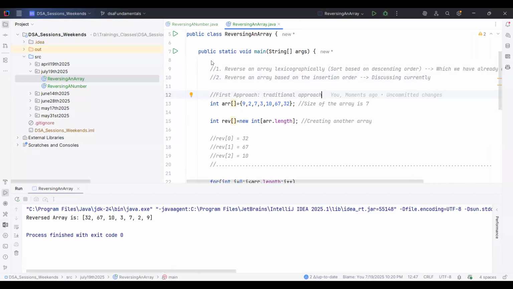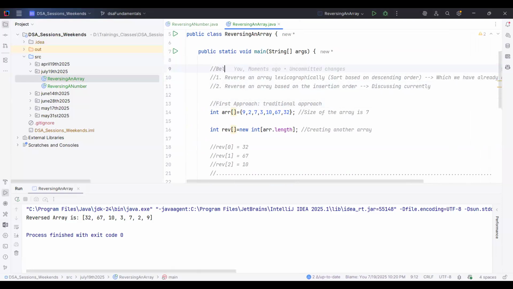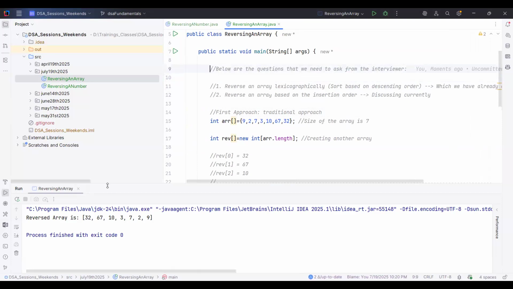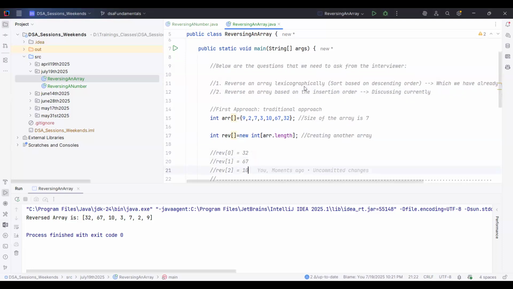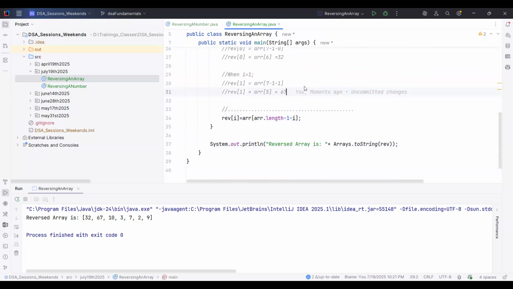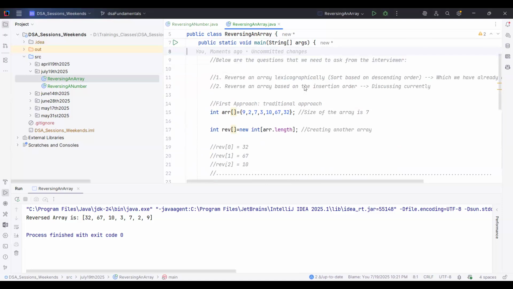In the interview, these are the questions that we need to ask the interviewer. We did not do lexicographically, right? We only did it on the basis of insertion. This has been covered in the previous sessions. Since you have joined for the first class, I'll give you access to the videos.